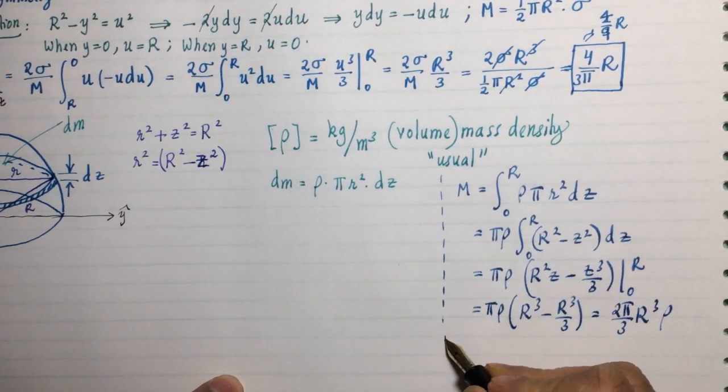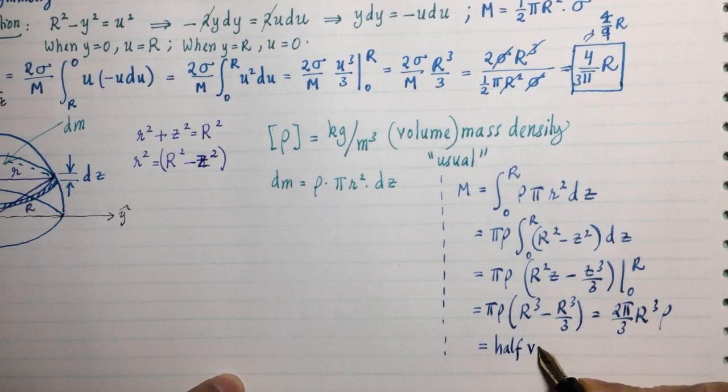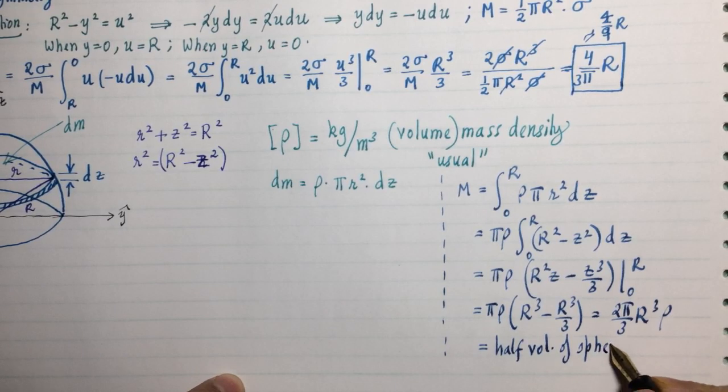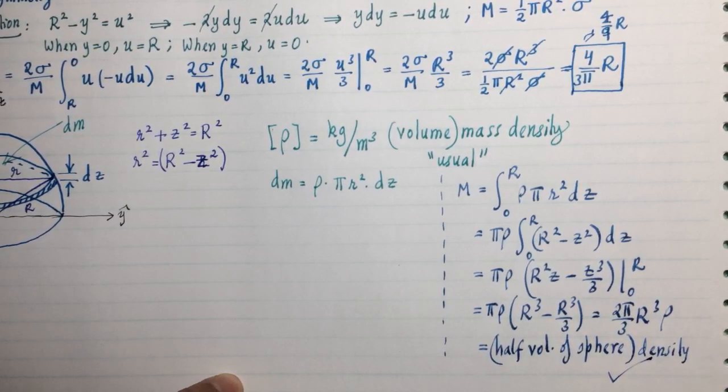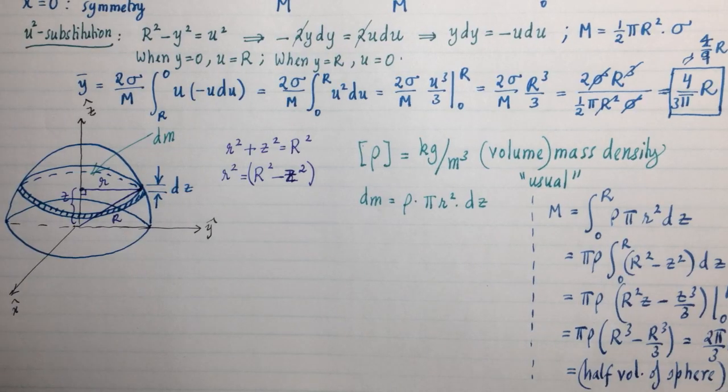So that makes sense because the mass is just equal to half the volume of a sphere, which is also called a hemisphere, times the density. Check.